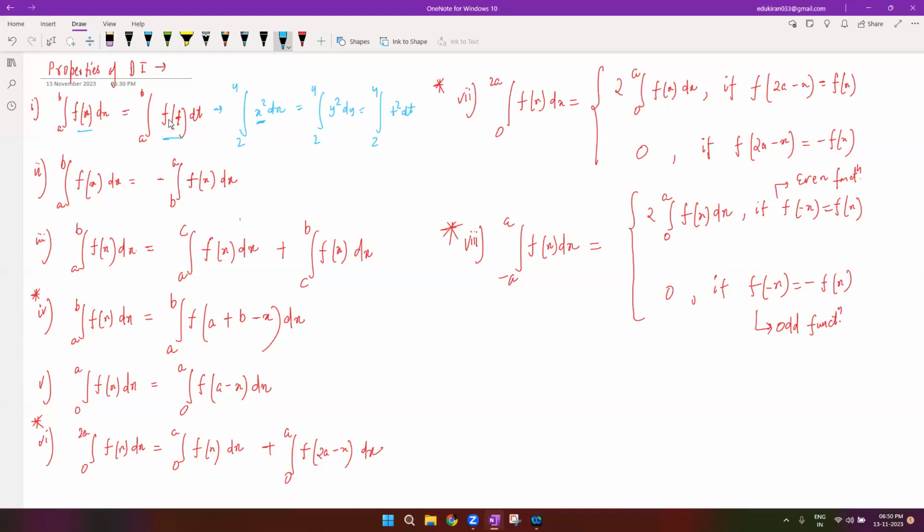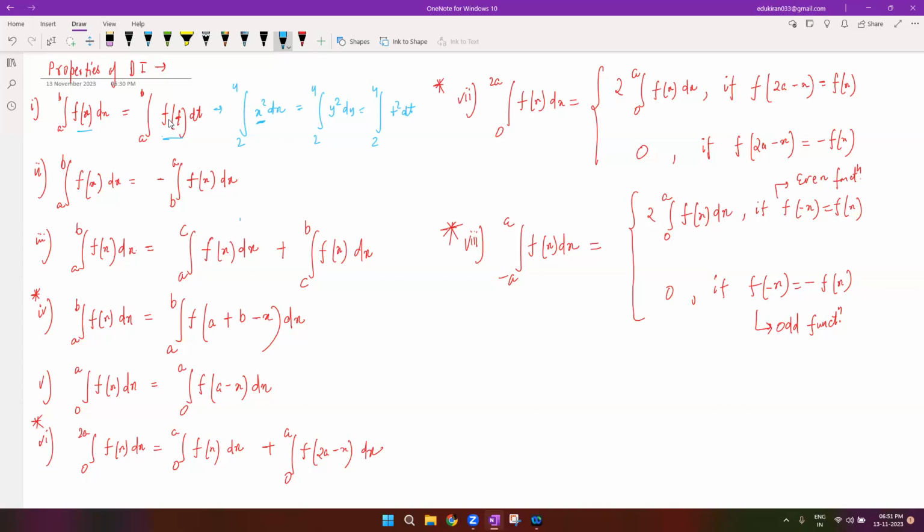You have just changed your variable. You haven't really changed anything else. You have replaced x with y, or x with t, or any other variable, z, whatever you want to use. As long as the function remains the same and the limits remain the same, the answer will be the same.